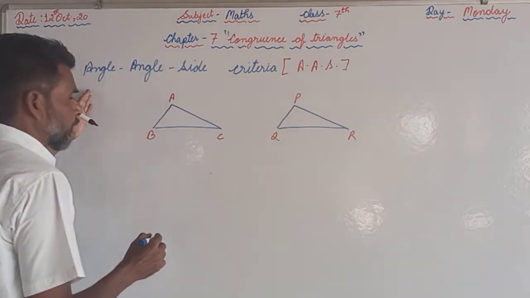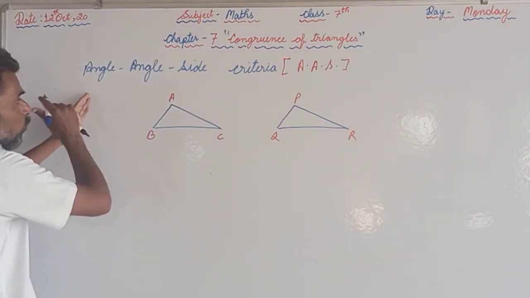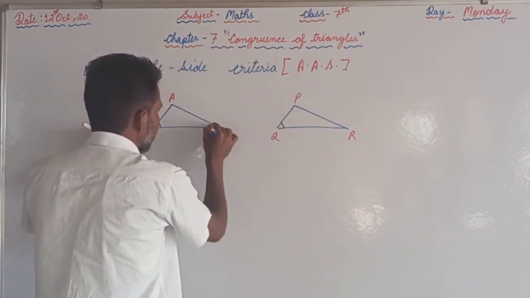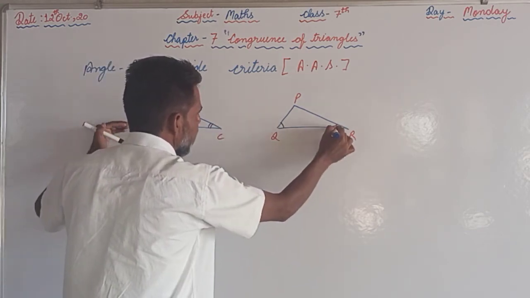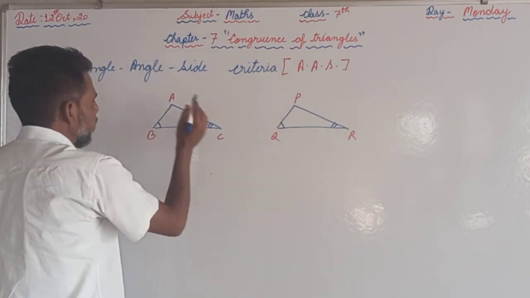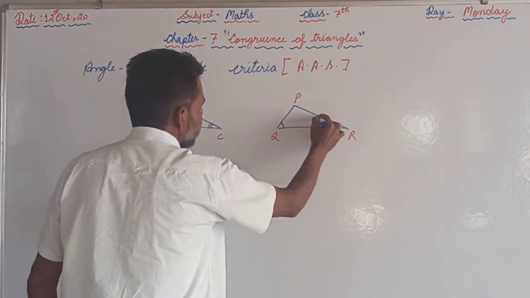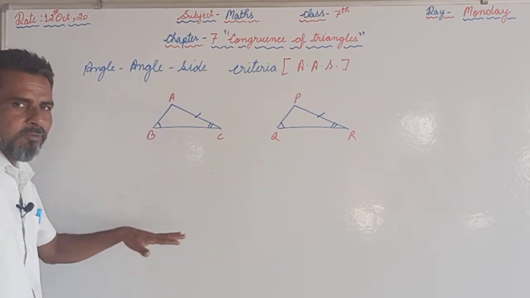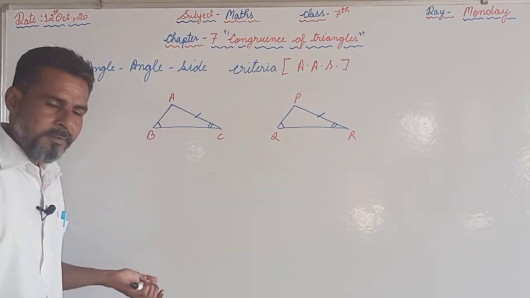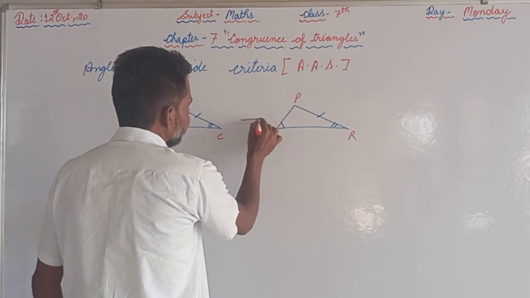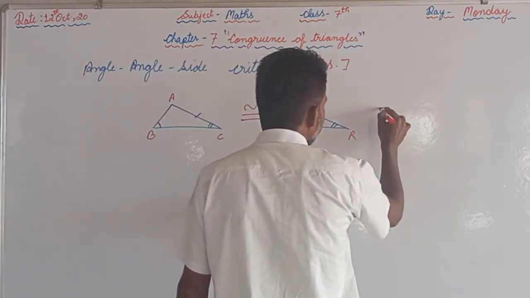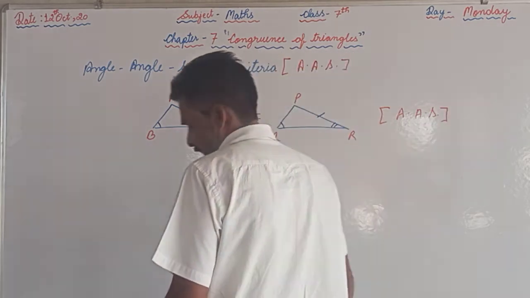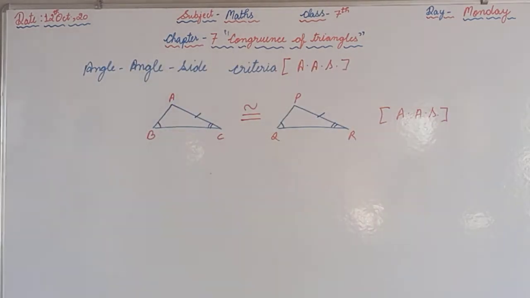Two angles are equal, meaning angle B is equal to angle Q and angle C is equal to angle R, and one side AB is equal to PR. A non-including side is equal. Then we can say the triangles are again congruent by which criteria? Angle, angle, side. This was the fourth criteria.